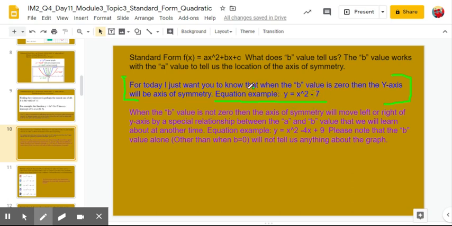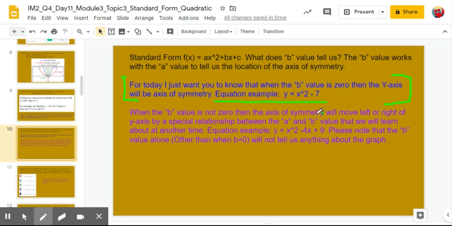So if you ever see just y equals x squared plus 11, or y equals x squared minus 6, or y equals 5x squared plus 18, what you know about that parabola is the axis of symmetry is on the y-axis. Therefore, the vertex is also somewhere on the y-axis. Okay.